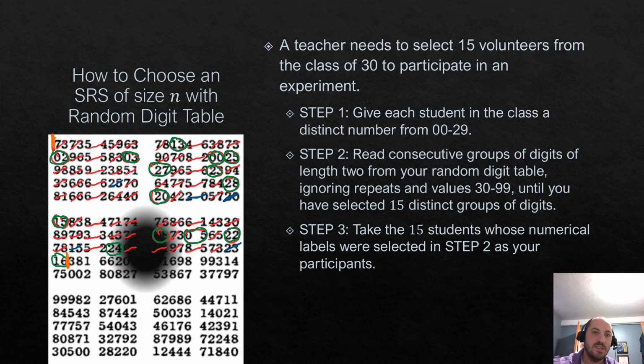So you can see I did out an example here. I crossed out anything that we didn't assign numbers, like 73 got crossed out. The green circles are what I selected as part of my sample, and my blue cross marks are where I had repeats that I did not want, so I crossed them out and moved on.